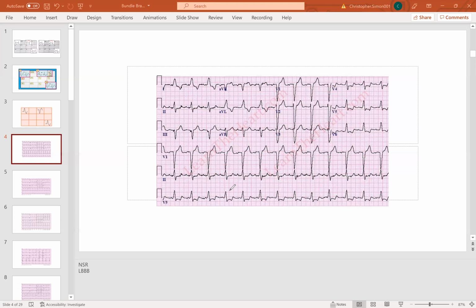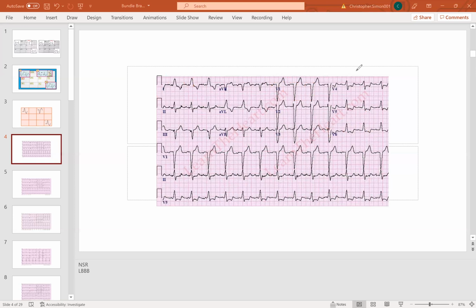If I'm thinking that I might have a bundle branch block because I have a wide QRS, I'm going to look at my money leads. I'm going to look at V1, lead 1, and V6. If V1 goes down, a negative deflection, which it does, and then lead 1 has basically an R wave only, and V6 has an R wave only, that meets my criteria for a left bundle branch block.